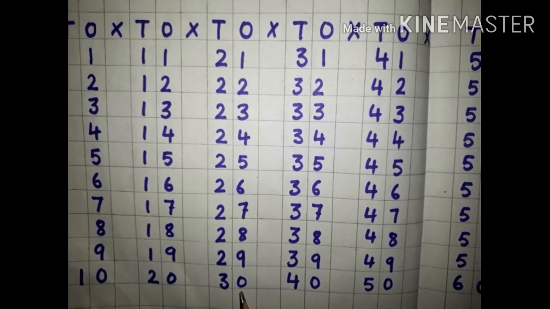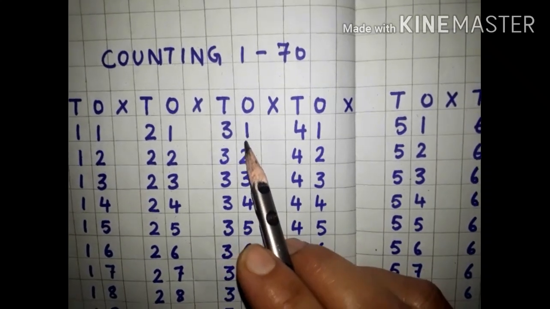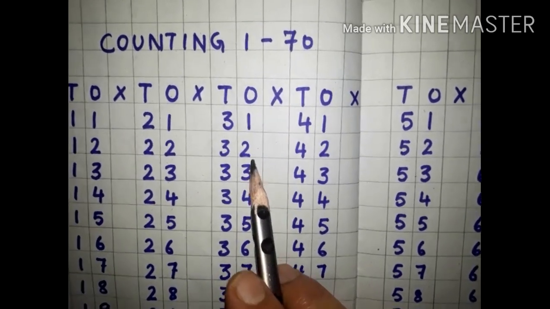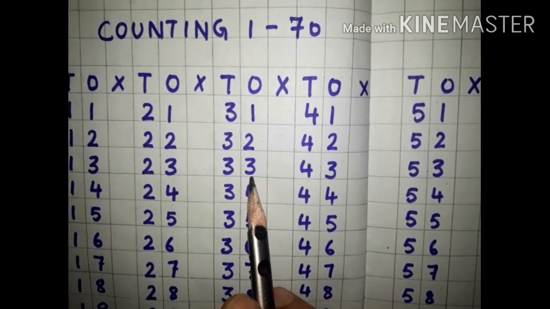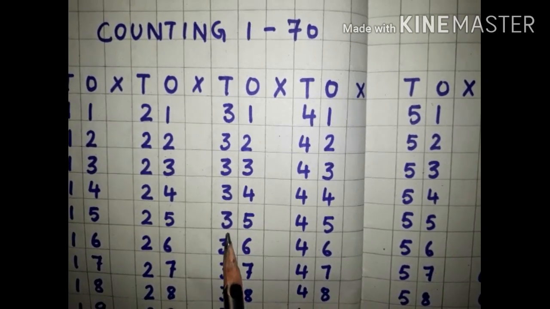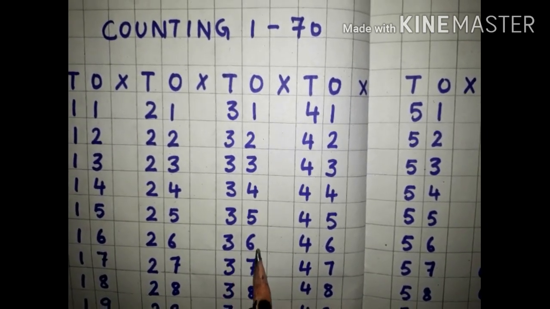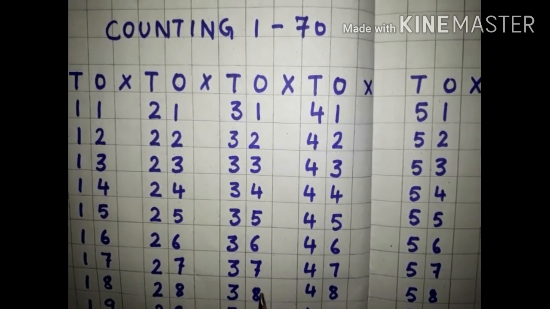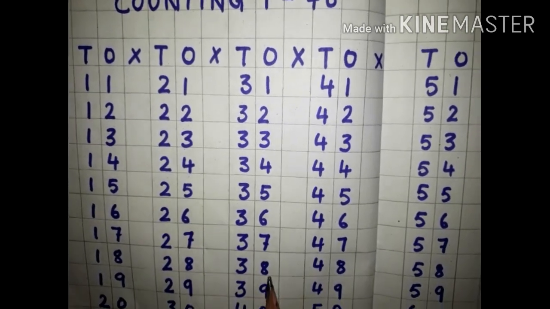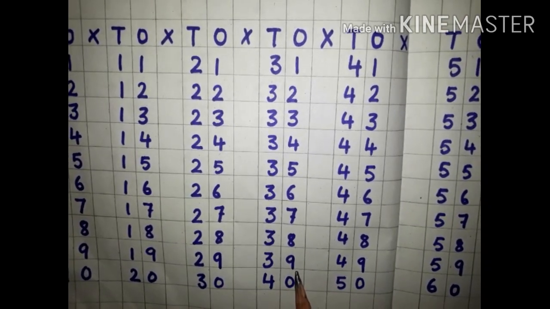Yes, it's number 30. Now we will start from 31. 3, 1, 31. 3, 2, 32. 3, 3, 33. 3, 4, 34. 3, 5, 35. 3, 6, 36. 3, 7, 37. 3, 8, 38. 3, 9, 39.